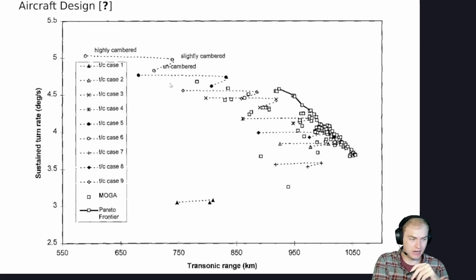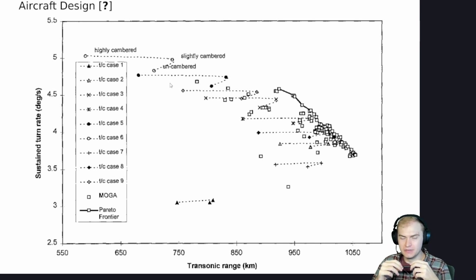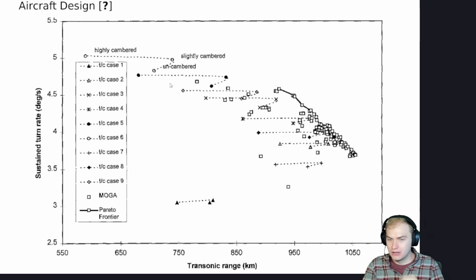If you're designing an aircraft or any vehicle really, there are things maybe you care about more than others. If it's a spy plane, you care about how far it can go in a certain speed range, in this case in the transonic range.